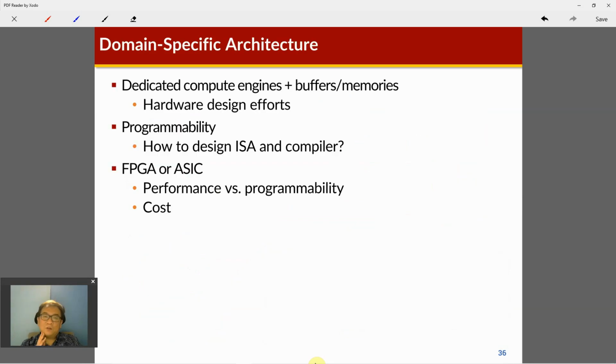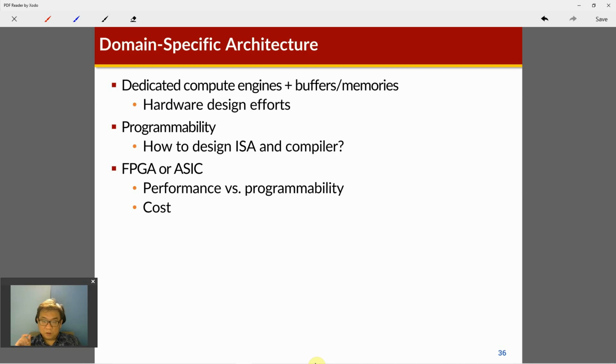Yeah. So I will summarize the domain specific architecture. Domain specific architecture is composed of a dedicated compute engine and also dedicated on-chip memory or buffers. In order to design this domain specific architecture processor, we need hardware design effort, and programmability is the main issue.